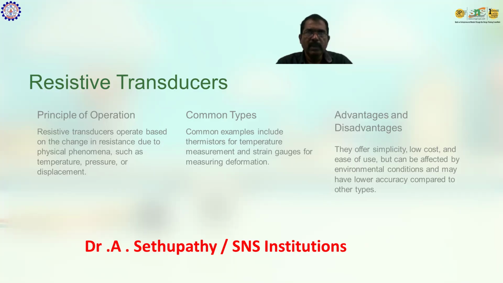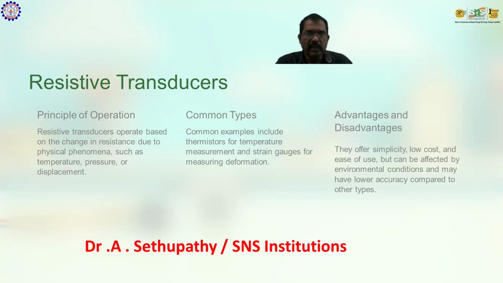For displacement from one area to another, the distance or how far we travel, we use resistive transducers. The common types include thermistors for temperature sensing and strain gauges for pressure measurement.